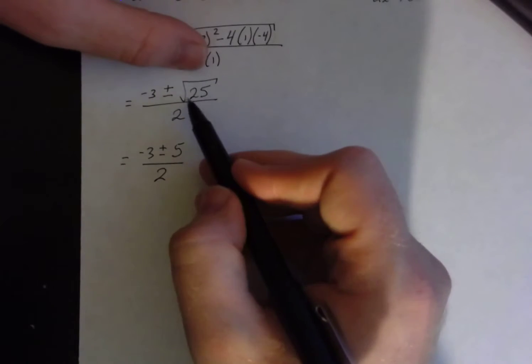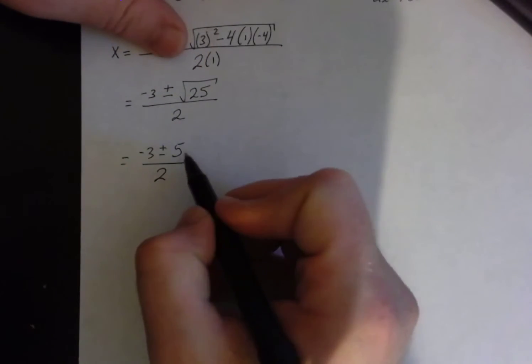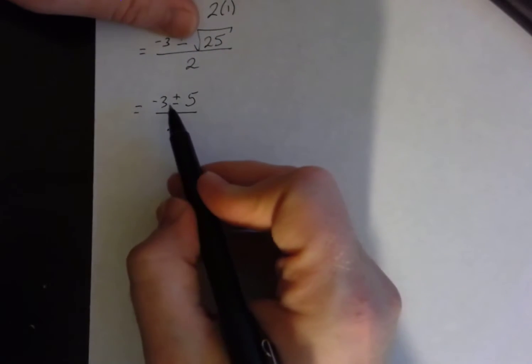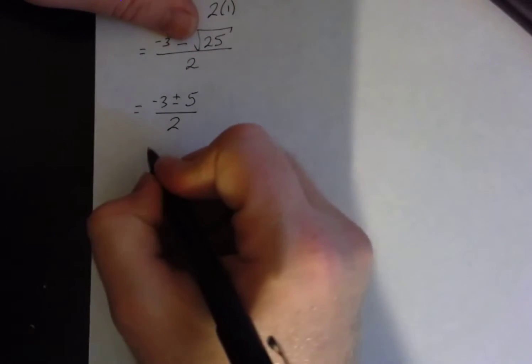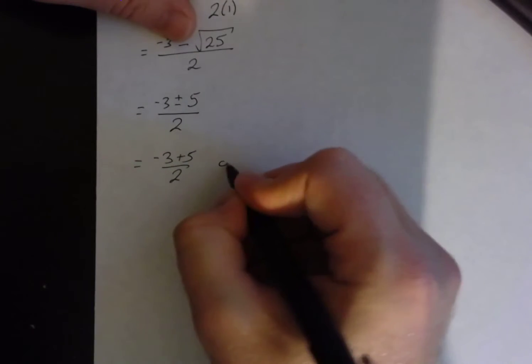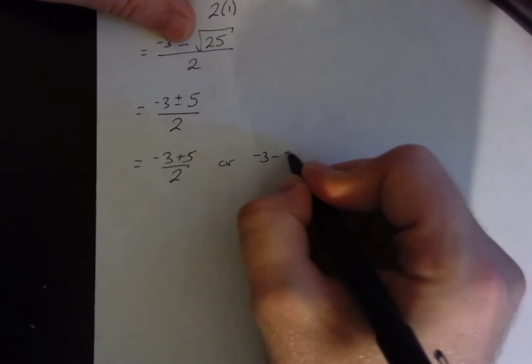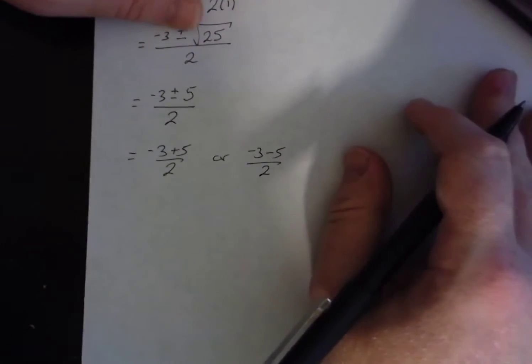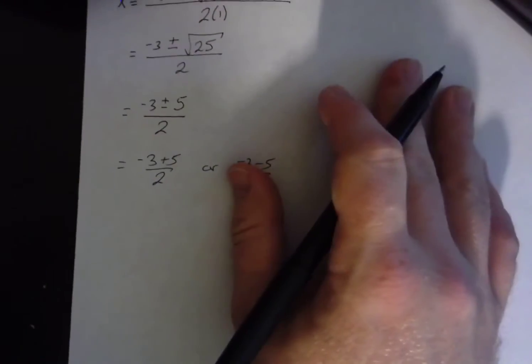In some cases, this radical won't disappear, so you'll have something that looks like this as a final solution. However, in this particular case, because the radical disappeared, I can view this as negative 3 plus 5 over 2, or the solution of negative 3 minus 5 divided by 2. And again, these will both be solutions to my quadratic equation.